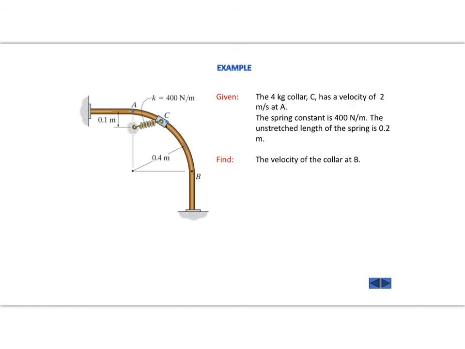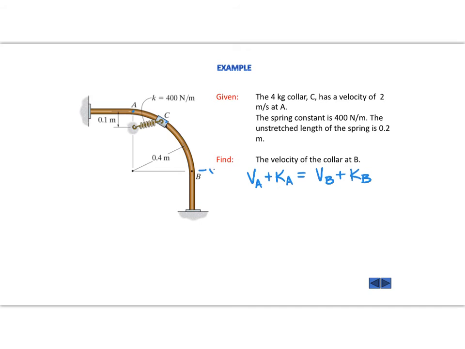It's attached to the spring, so as it goes around that curved pipe, it's going to stretch, so we'll have to think about the elastic potential energy, and also it's going to change its height, so we'll also have to think about its gravitational potential energy. So we're going to write this as the potential energy at A plus its kinetic energy at A is equal to the potential energy at B plus the kinetic energy at B.